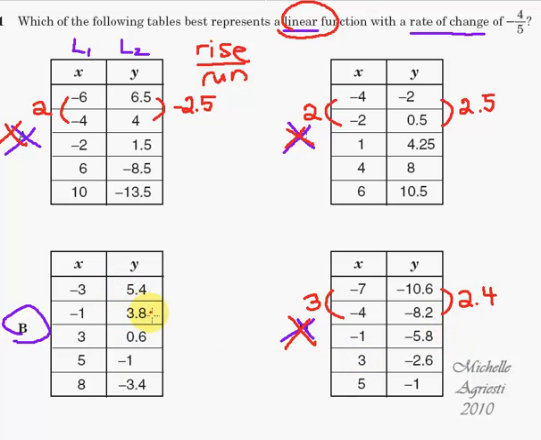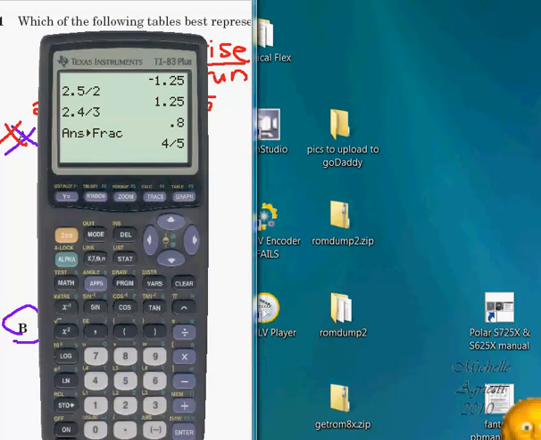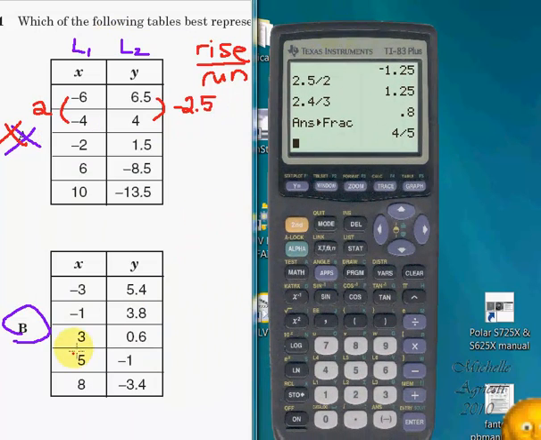Now this one should work everywhere. My rise or my run here from -3 to -1 is +2, and from 5.4 to 3.8 we would subtract. The difference is 2. Oh no, that's wrong.